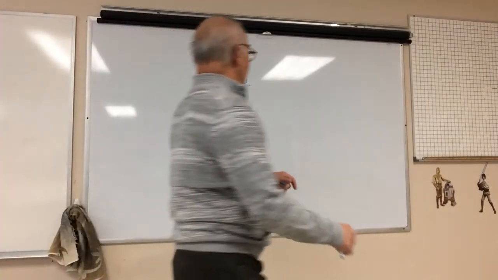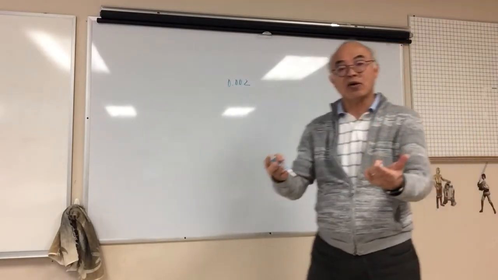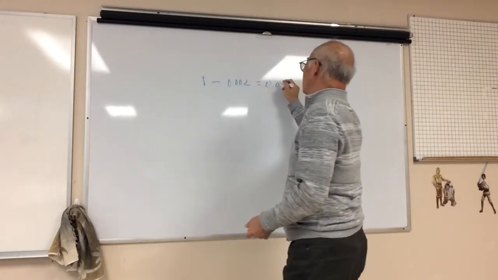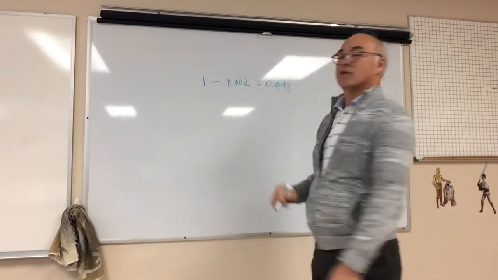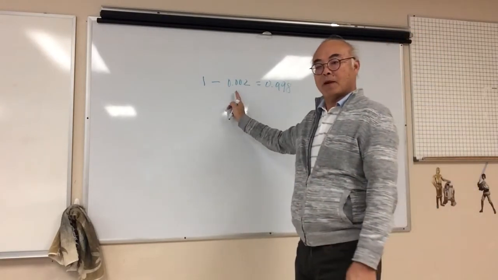So in other words, the hydraulic system does not fail, right? Isn't that correct? Because if it fails, it doesn't work, correct? So the probability of it working is 1 minus the 0.002. This is the failure rate, right? Okay.